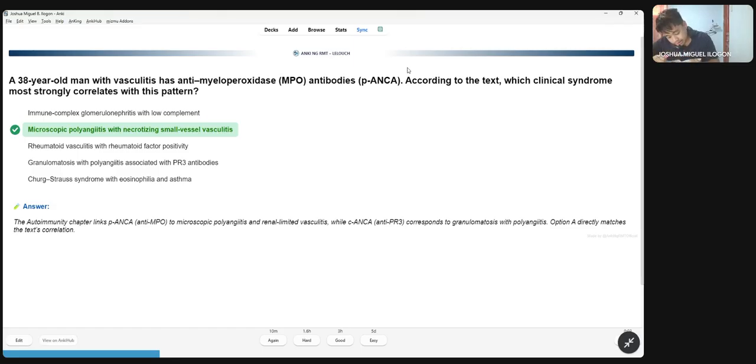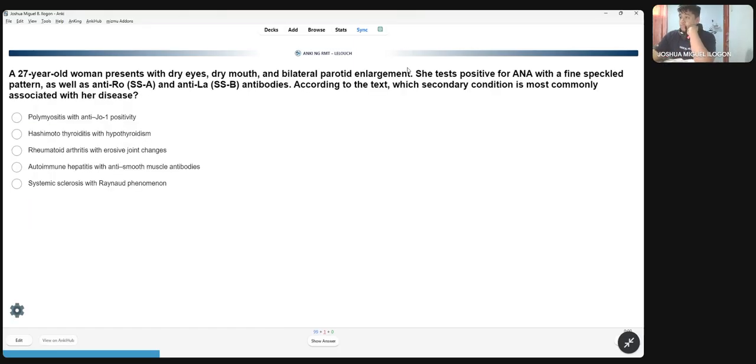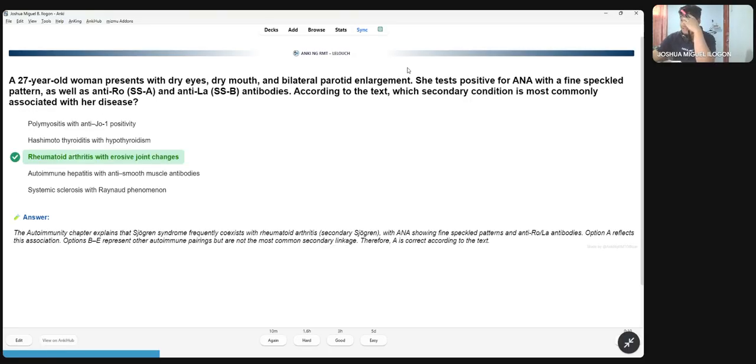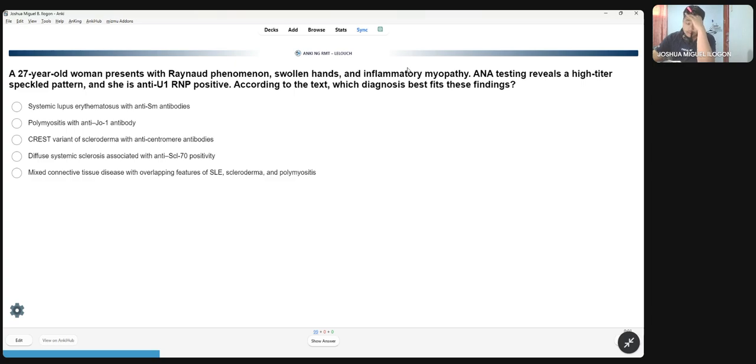Microscopic polyangiitis. Fine speckled pattern. That's your rheumatoid arthritis, kasi secondary siya sa SLE or Sjogren's syndrome. Oh god.